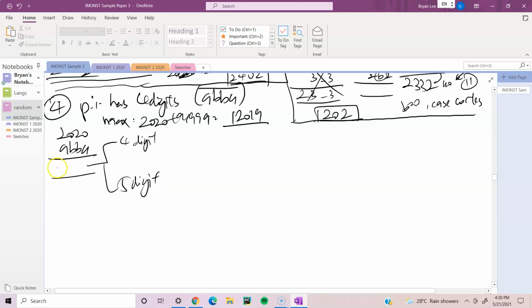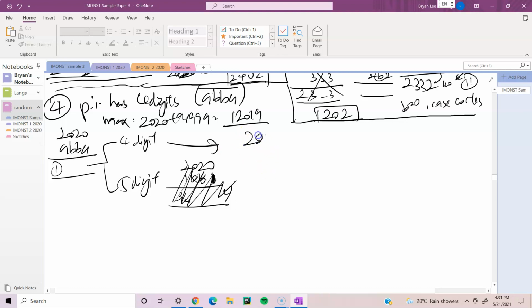But since our 5-digit number would have a 10,000s digit of 1, we would have something like 2020 plus 1 something something 1, which is 3 or 4 something, because if the middle one is 9, then it will be something 4 something. This does not even exceed 10,000, so this is not possible, right? So we need to look at the 4-digit case.